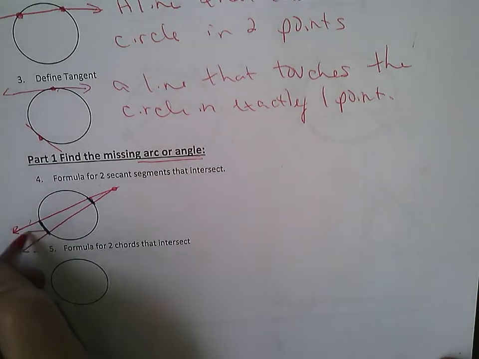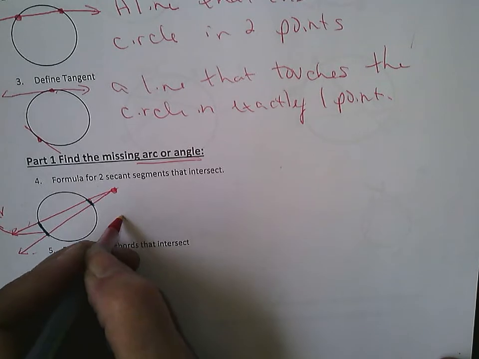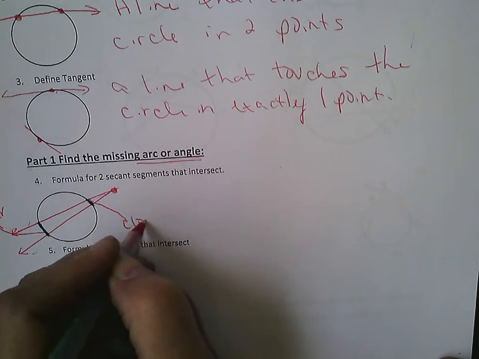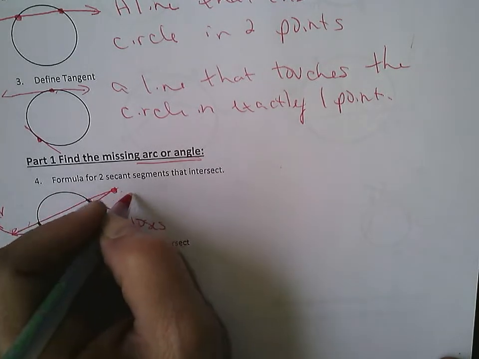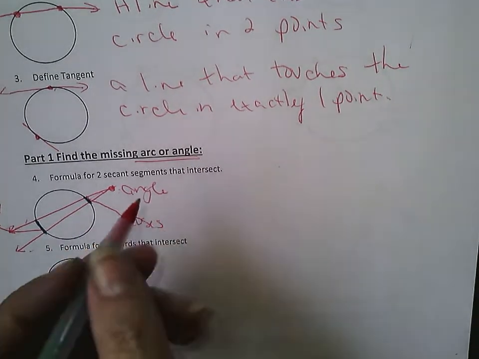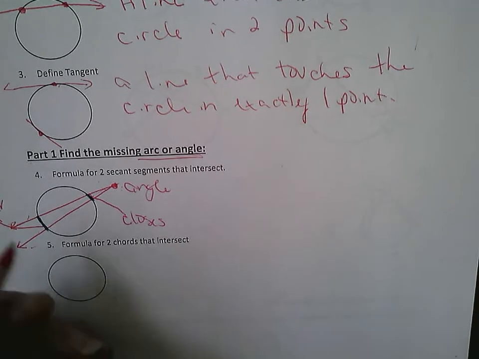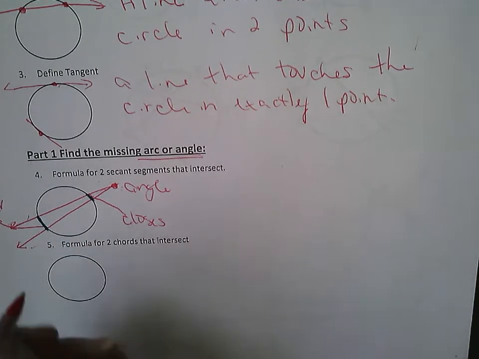We're going to call this one back here the far arc, because it's far away from our angle. This arc measure right here is the one closest to our angle, and this, of course, is our angle. So we're going to use these terms. If you need to know why, you can go back into Hapara and look at the presentations.